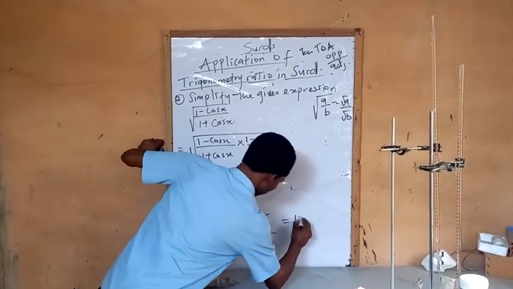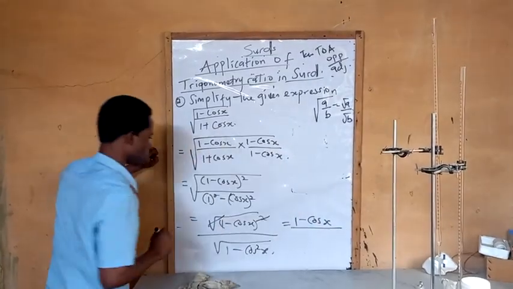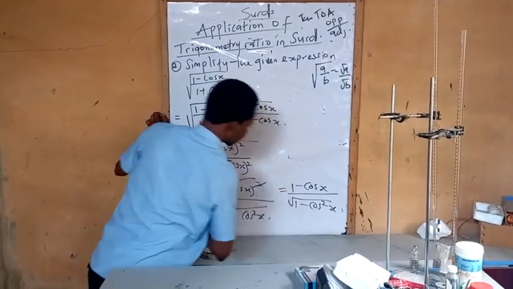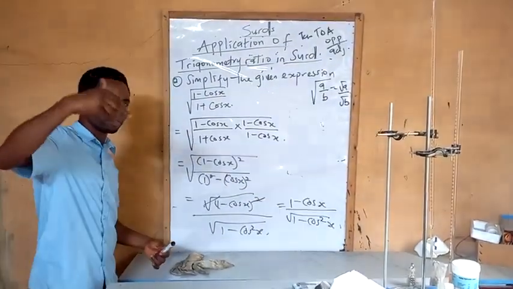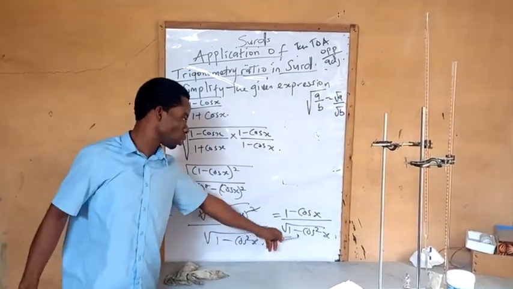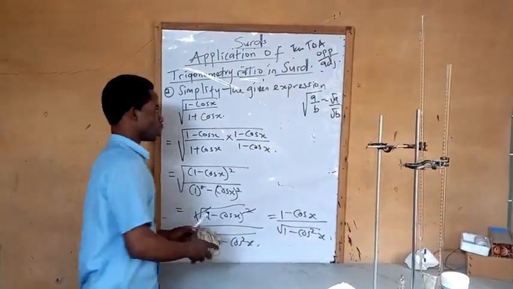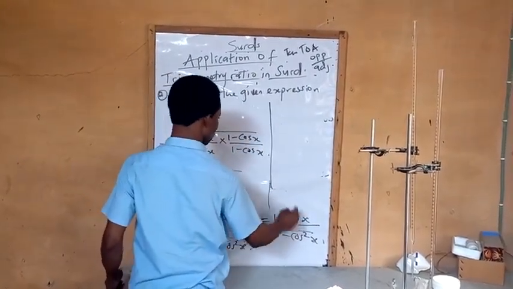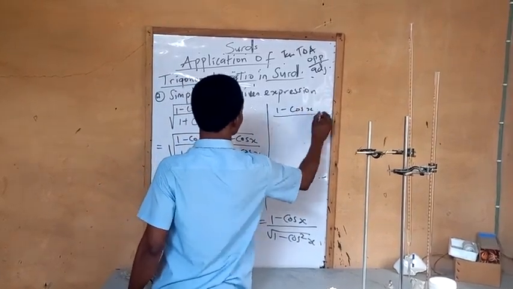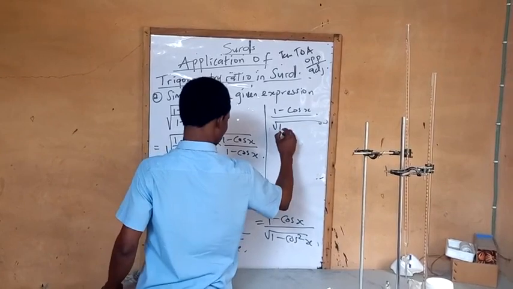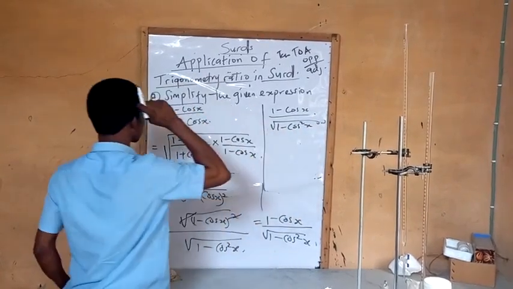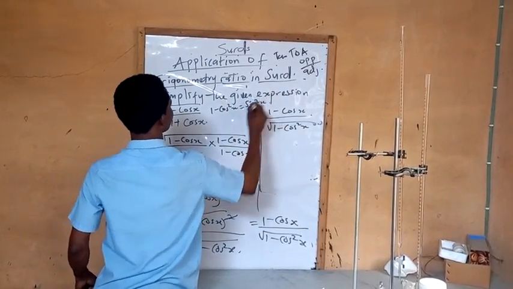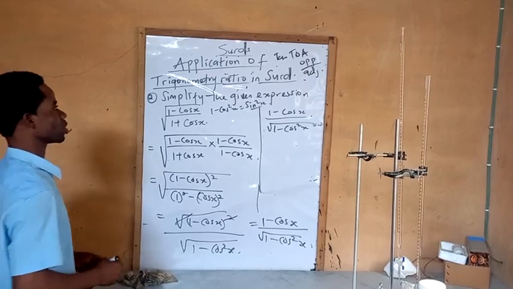So we have 1 minus cos x all over the square root of what? 1 minus cos squared x. And in trigonometry, in my later videos, I'm going to show you how we are getting all these trig identities. But under the trig identities, 1 minus cos squared x equals sine squared x.